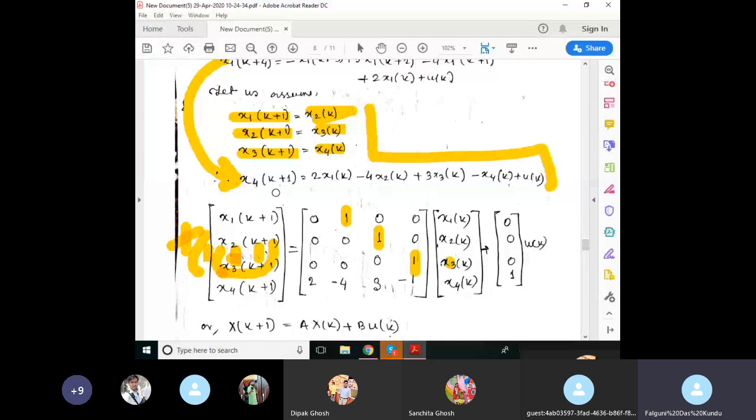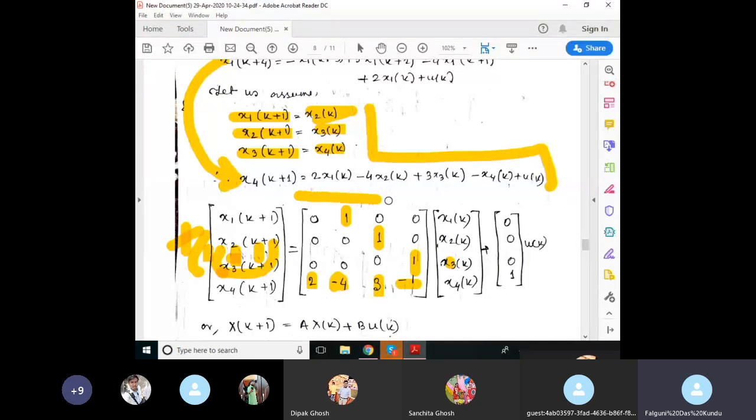From the last equation, x4(k+1) is nothing but 2 of x1k, that's why we put here 2, minus 4 of x2k, that's why we put minus 4, 3 x3k, here we put 3, and minus x4k, here we put minus 1.